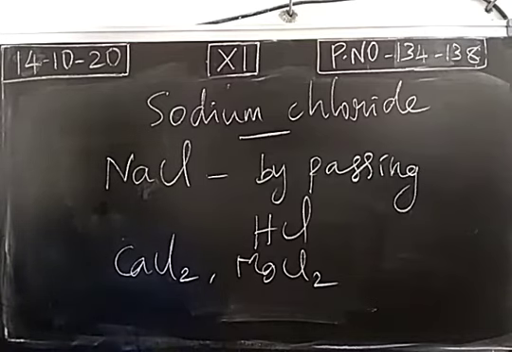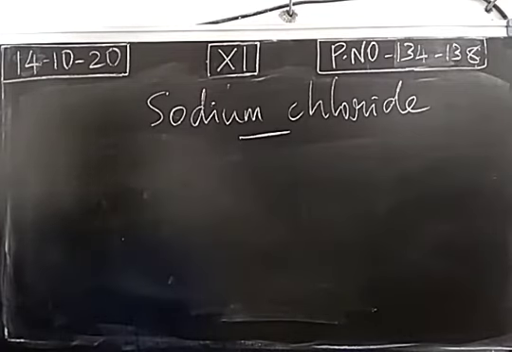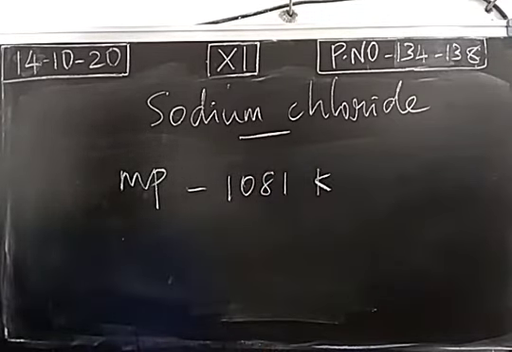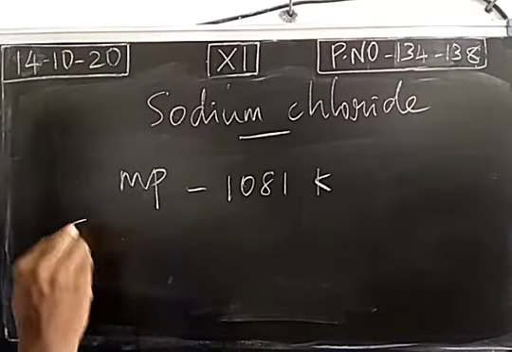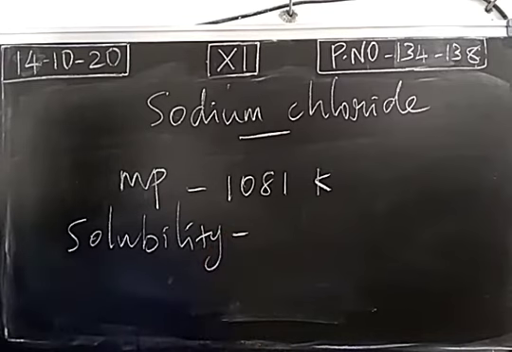Then the physical properties of sodium chloride. The melting point of sodium chloride is 1081 Kelvin. And we already studied the solubility in the solution lesson.